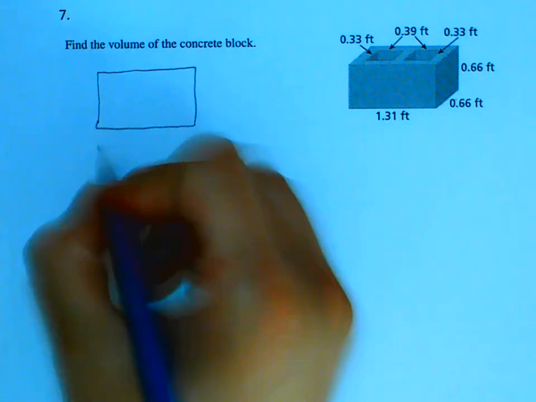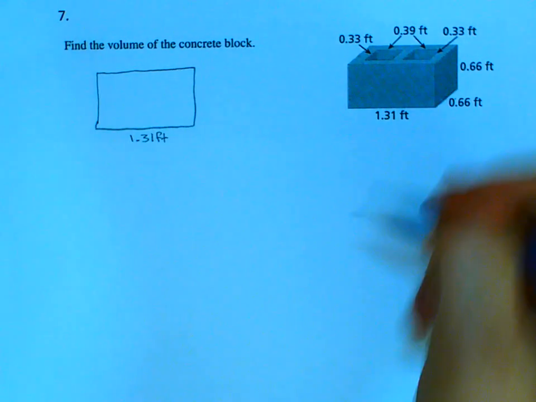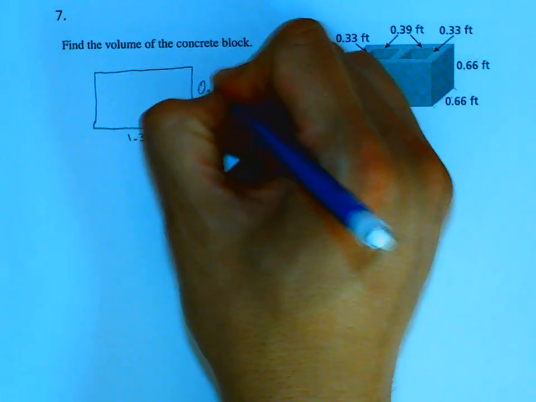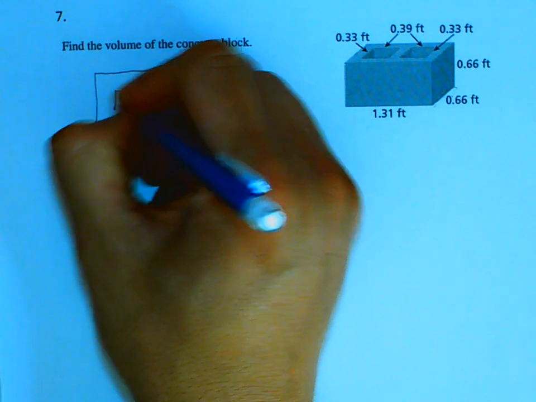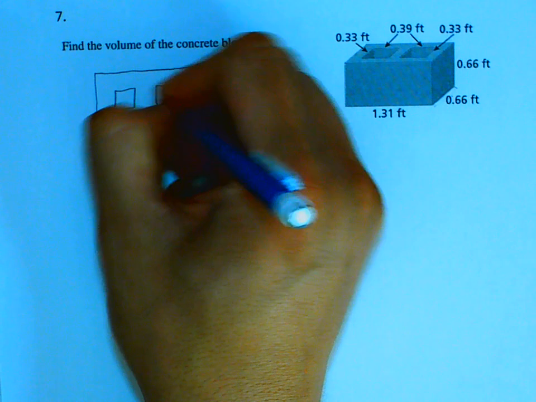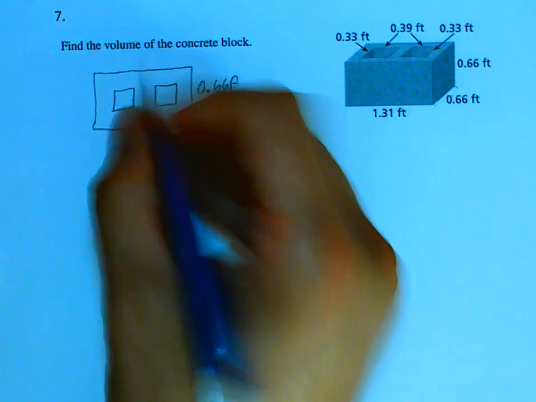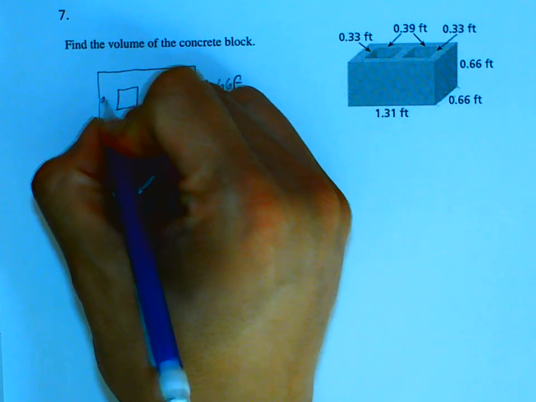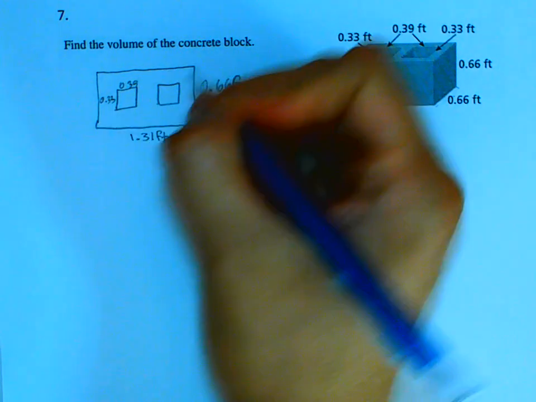Now, how long is this? This is 1.31 feet. What's the length of this? That is 0.66 feet. And it has 2 rectangles. These rectangles have the same dimensions. So the dimensions are 0.33 and 0.39. And it's the same for this one.